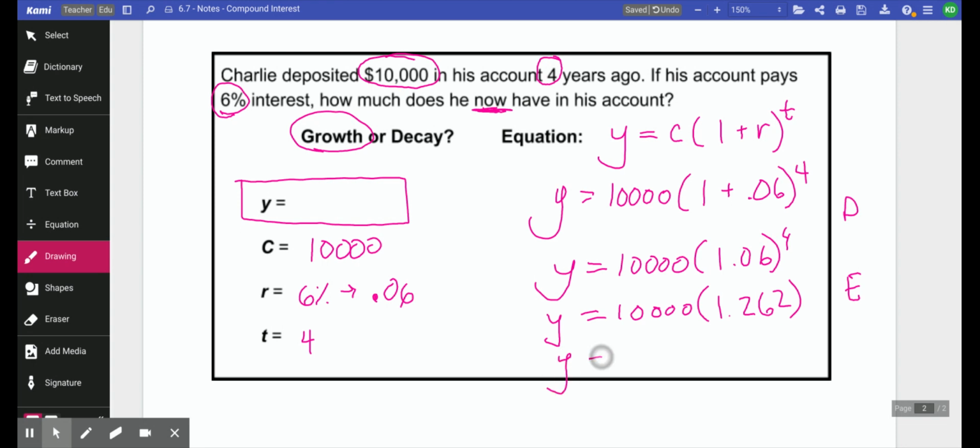And we're going to get Y equals. Remember, this should always give us a bigger number if it's growth. $12,624.77. I'm rounding that to 2 decimal places because we're talking about money. So remember, we just used the PEM of PEMDAS to simplify these equations.